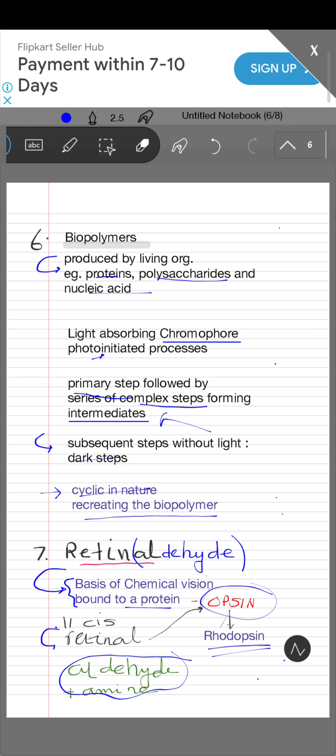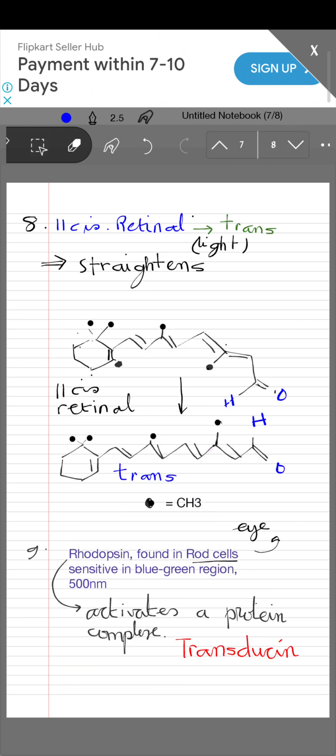And now this retinal has two isomeric states, the 11-cis and trans. Now when light falls on this 11-cis retinal in the rod cells, it converts to trans.